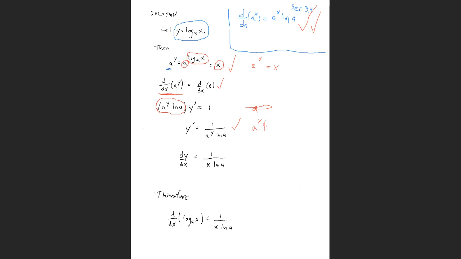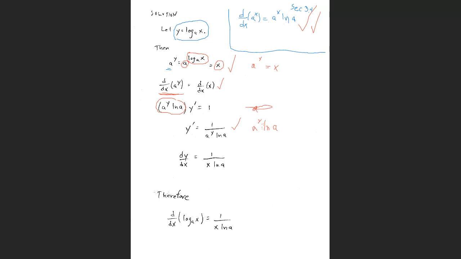And the log of a is the log function. Now, let me just see here.